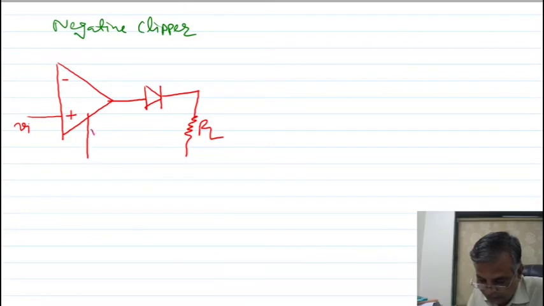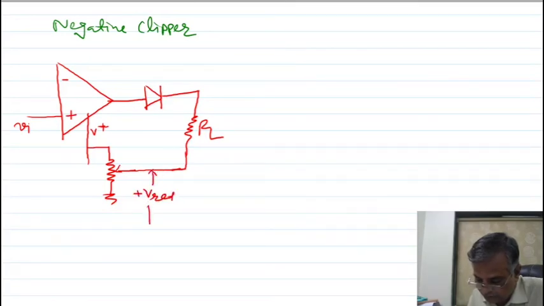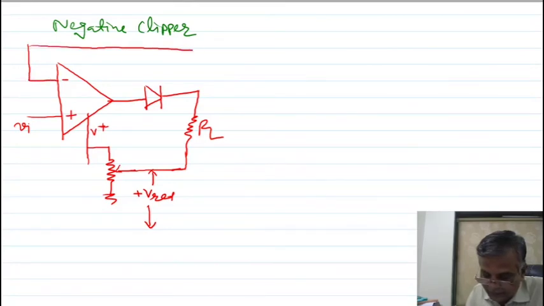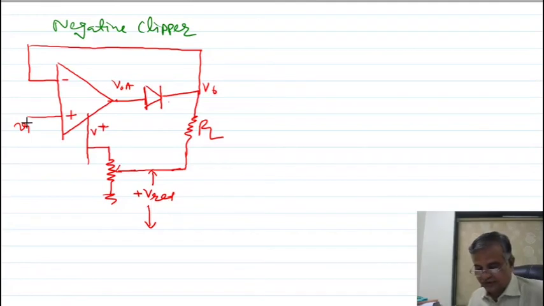First I am discussing the positive reference voltage you have given with the help of a power supply. This is a plus V reference you are giving to the cathode. Remember, you are giving it to the cathode here. This is your cathode, this is your anode. This voltage always follows the input voltage.